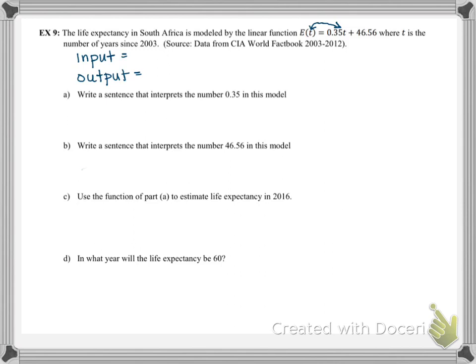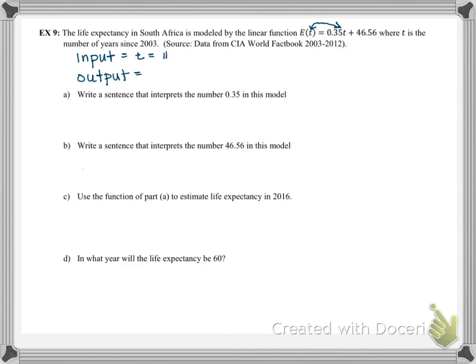So even if this wasn't in function notation, like if it said y equals, I would know that t was my input because it's what is in the expression on the right side where I'm actually doing the calculation. So your input is the thing that you end up doing calculations with to get your output. So my input is t, and then I look through the problem to figure out what t represents. Right after my function, it says t is the number of years since 2003.